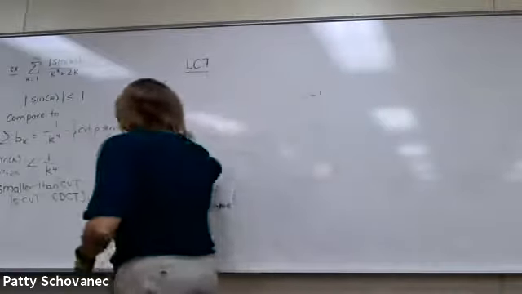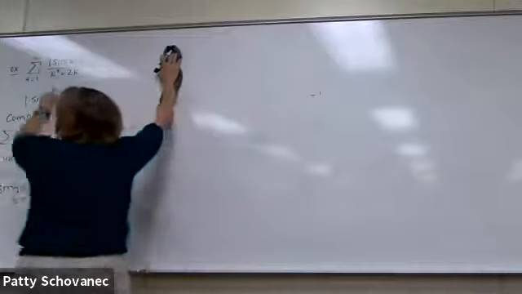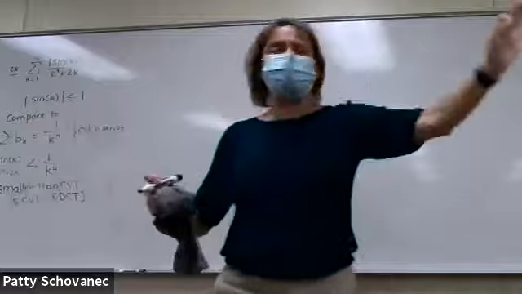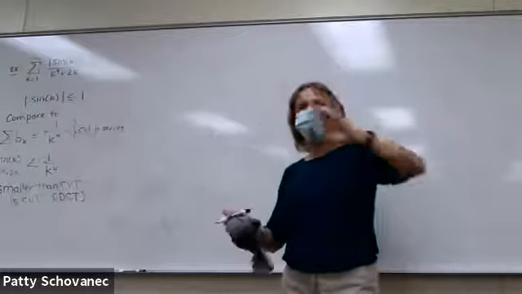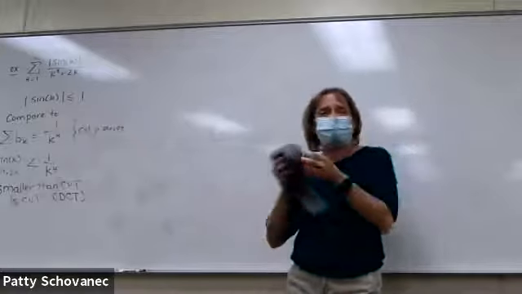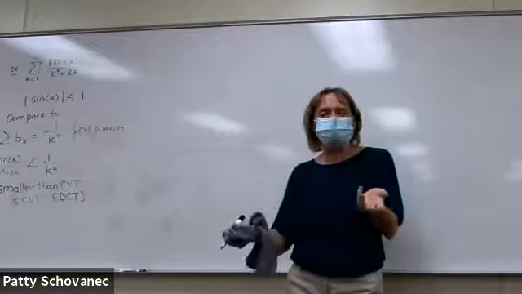But the overlying thing here is that a lot of times you've got things that are added: p-series type terms added to each other, geometric series type terms added to each other, or subtracted. And those lend themselves well to comparison tests.